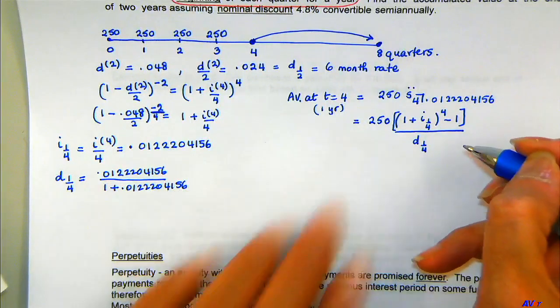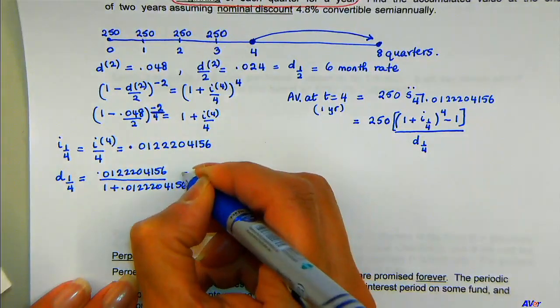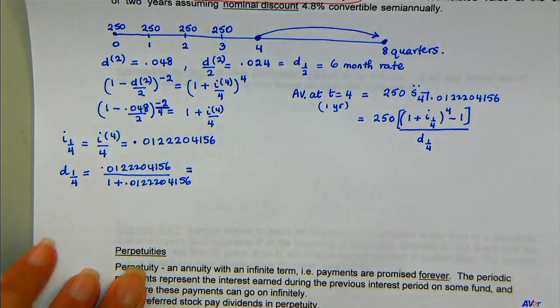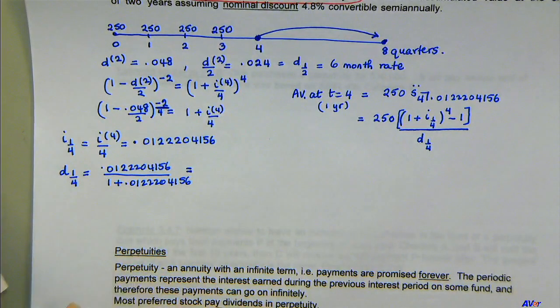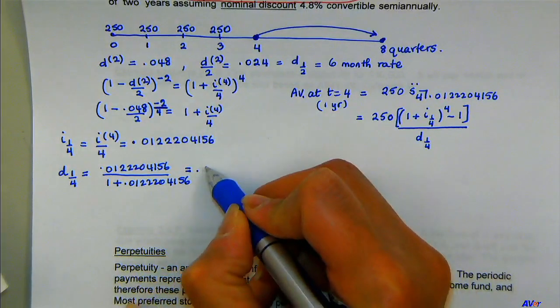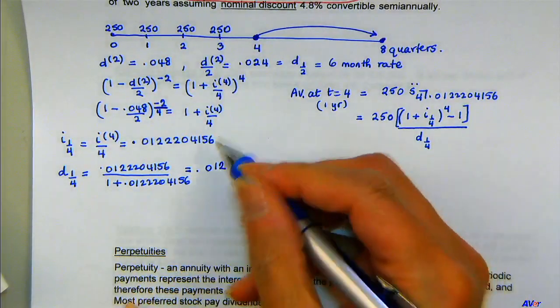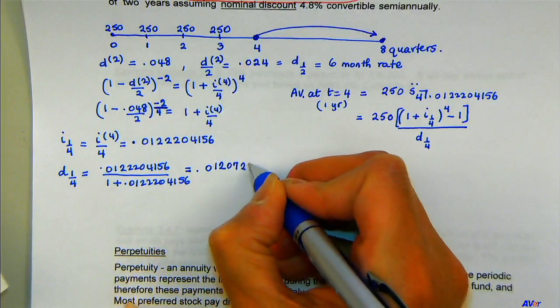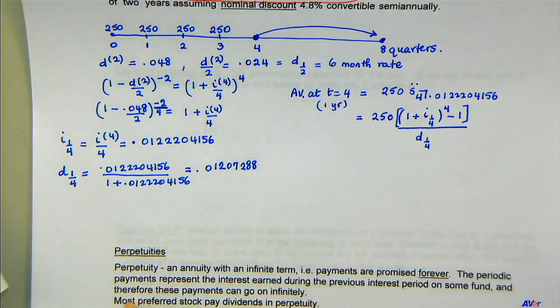I still need a number for d^(4). Can you get me that number as well? I get 0.01207288. Did you get that?